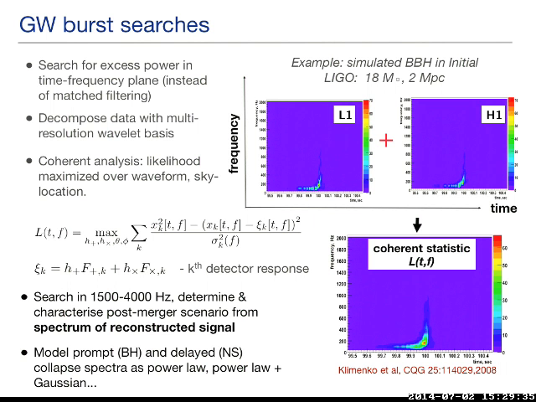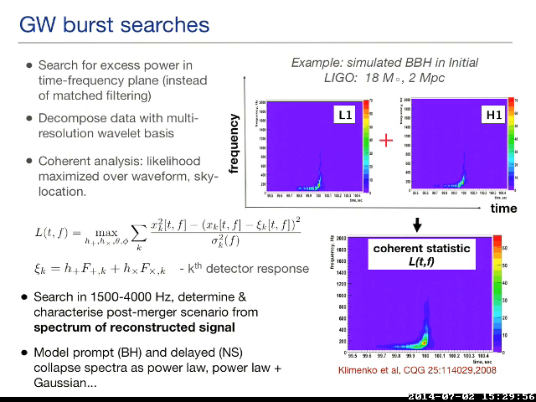Assuming we find some significant excess power, the algorithm reconstructs the waveform. The extra bit that we added in this analysis is to characterize the post-merger scenario by taking the PSD, the power spectrum of the reconstructed signal.